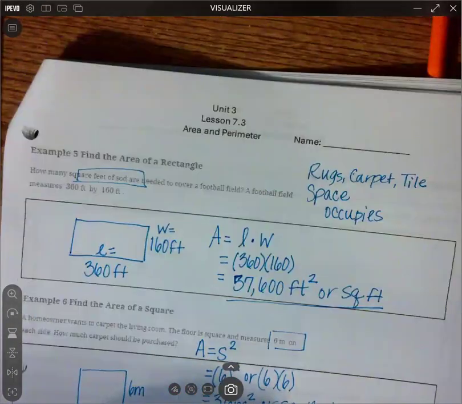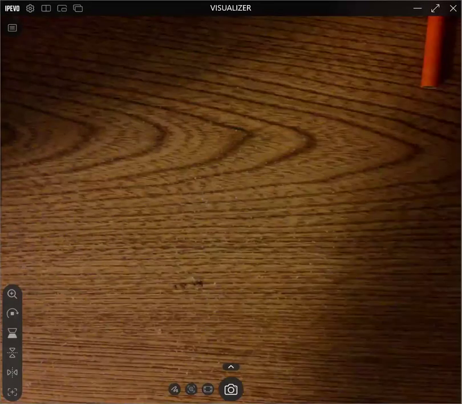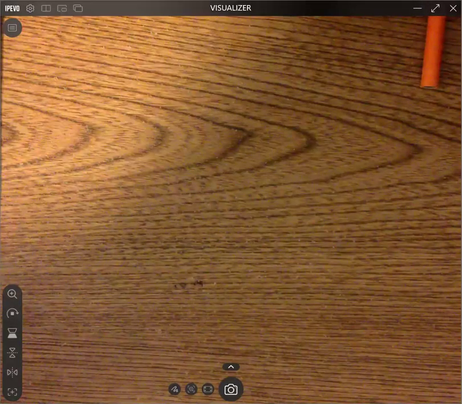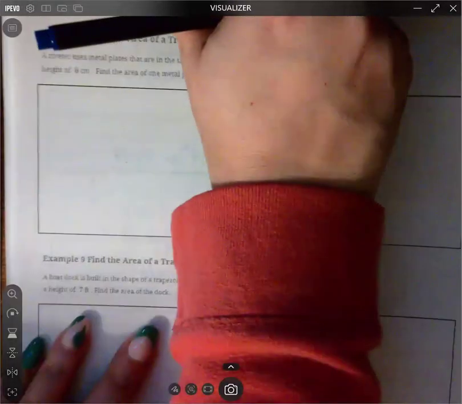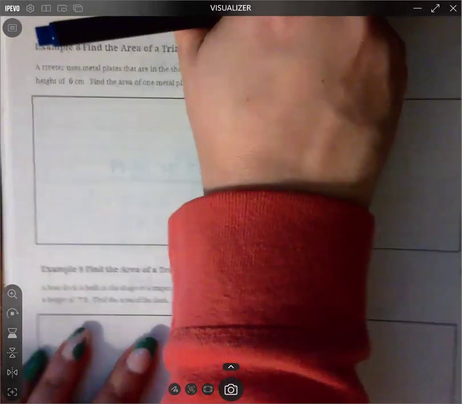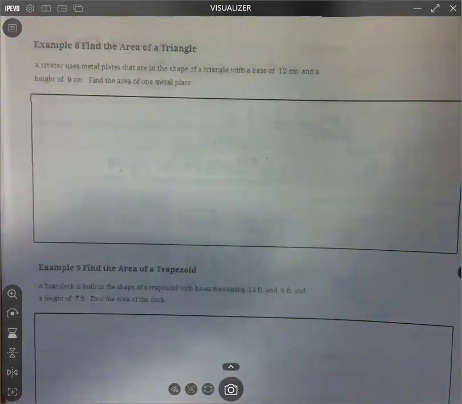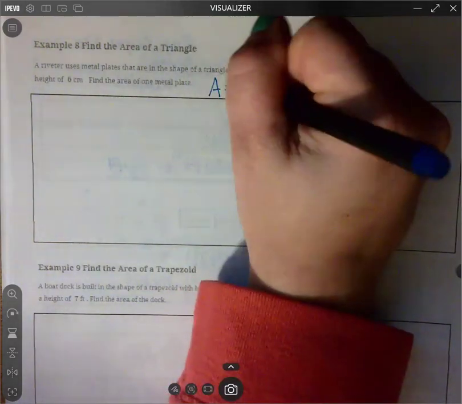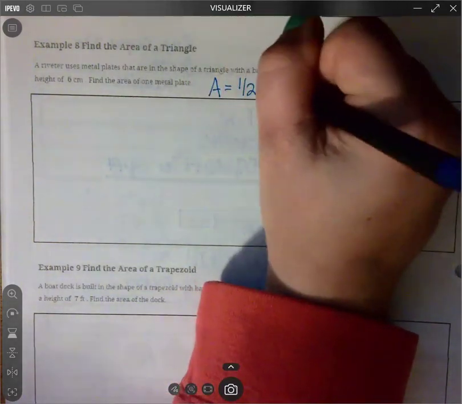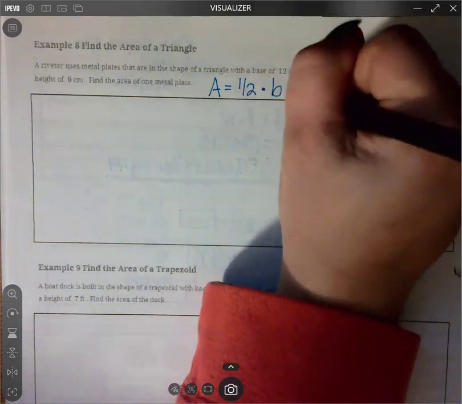All right, let's switch gears and talk about triangles. Triangles, we've talked about the angle measures. We've talked about length. And now we're going to look at area. The formula for the area of a triangle is 1/2 times the base times the height.